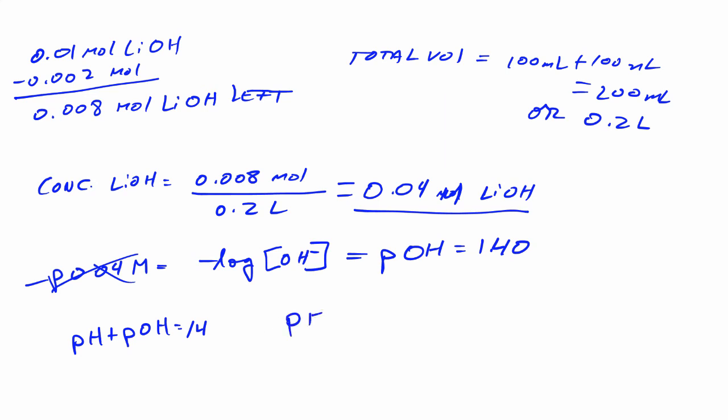The pH is equal to 14 minus pOH, which gives me a value of 12.4. And here's the answer to my last question. What's the pH of the solution? And this is how you solve these types of problems.